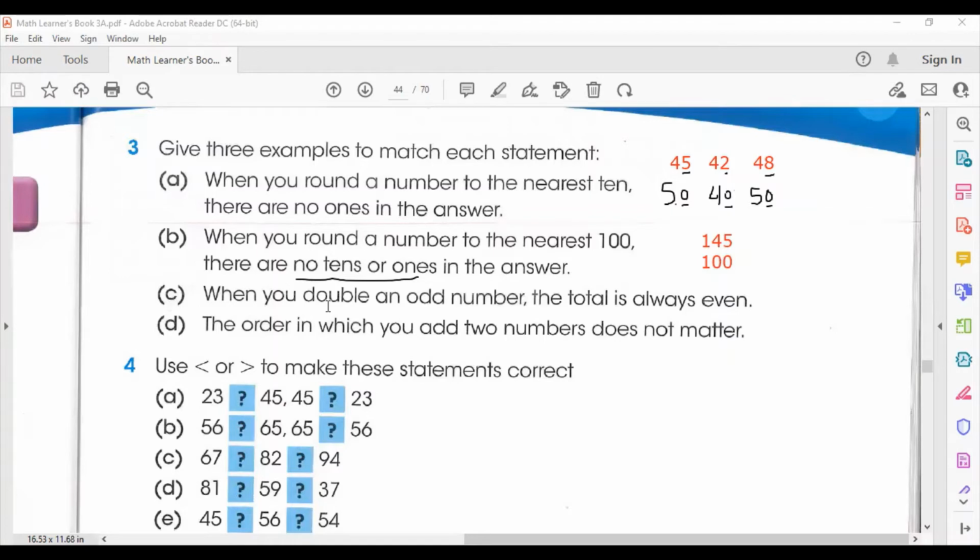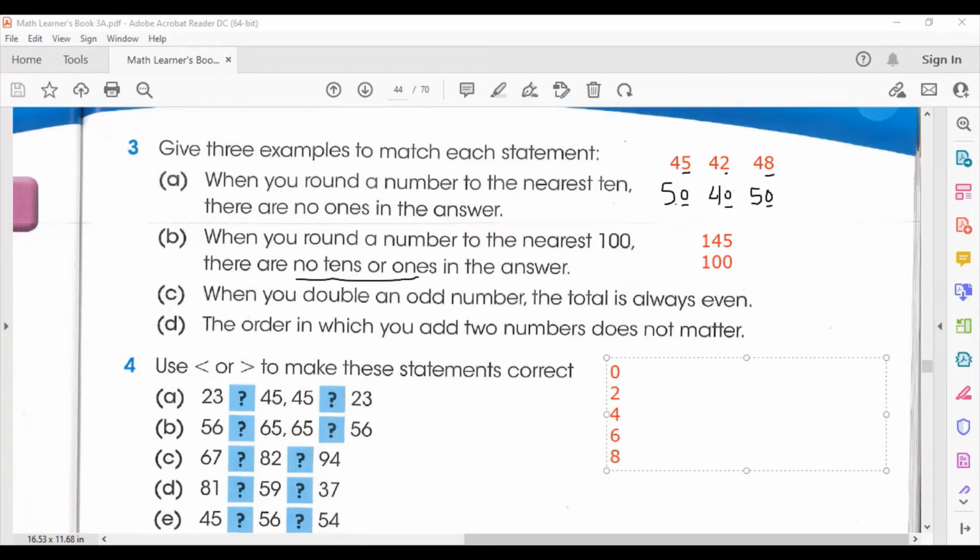When you double an odd number, what are the odd numbers and even numbers? Just from 0 to 9, no need to go further. Even numbers start from 0, the table of 2, the multiples of 2: 0, 2, 4, 6, 8.